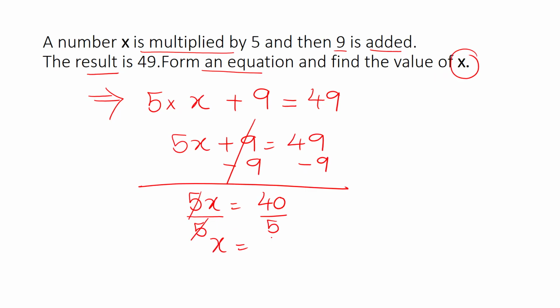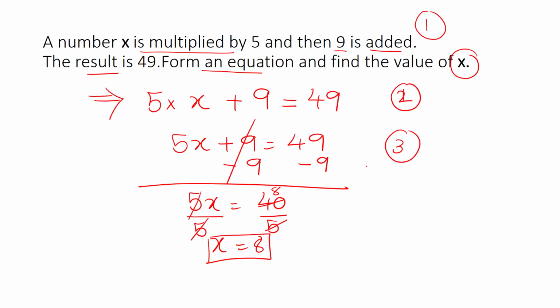So we are left with x equals 8. That's the answer. Identifying the words and translating them into mathematical operations is the first step. The second step is to form the equation. The third step is to solve the equation.